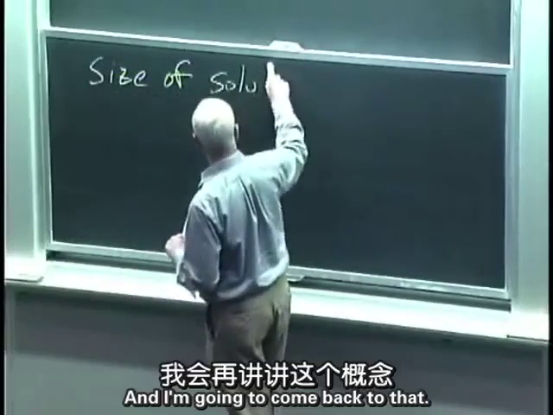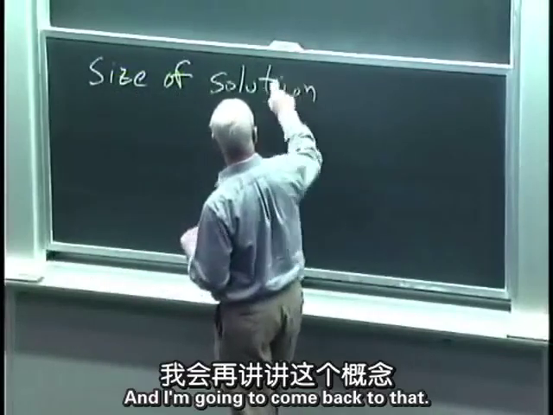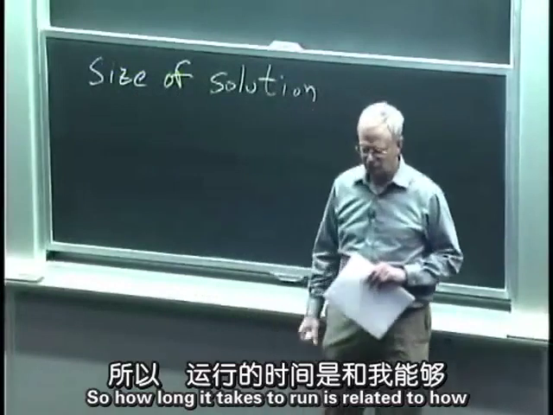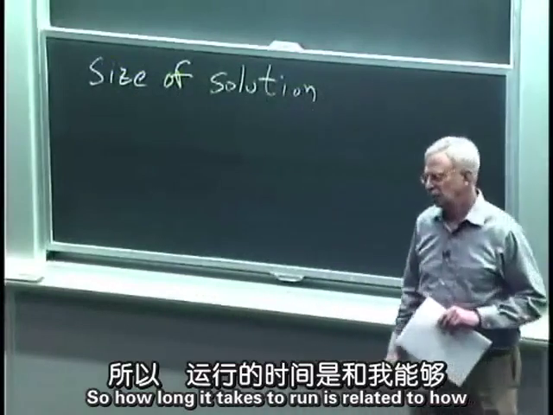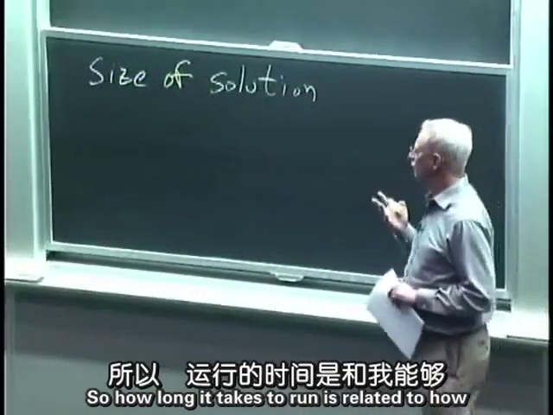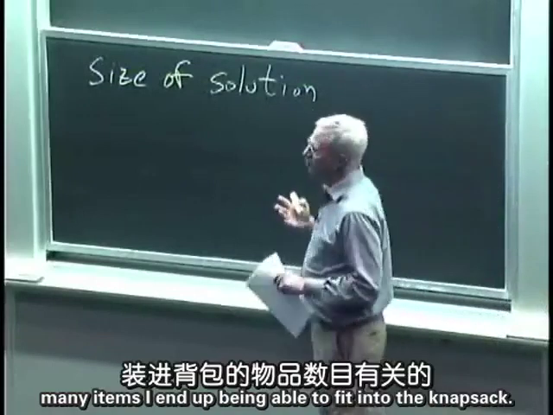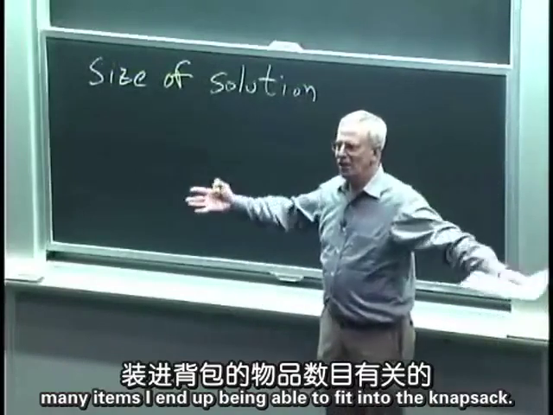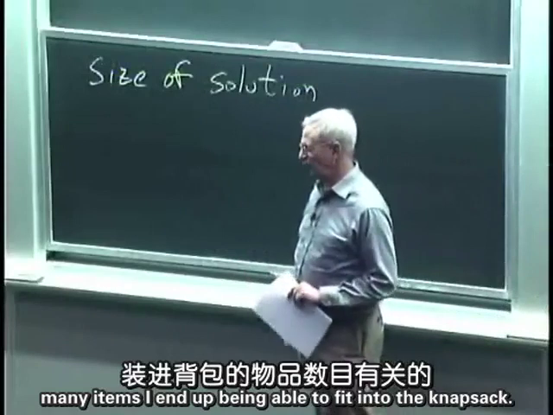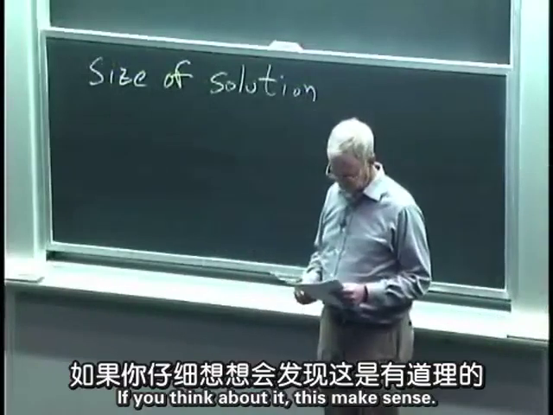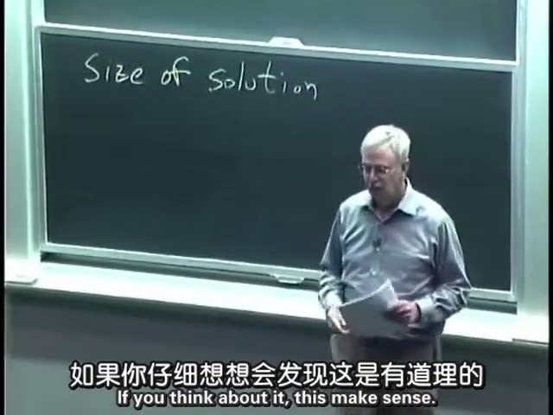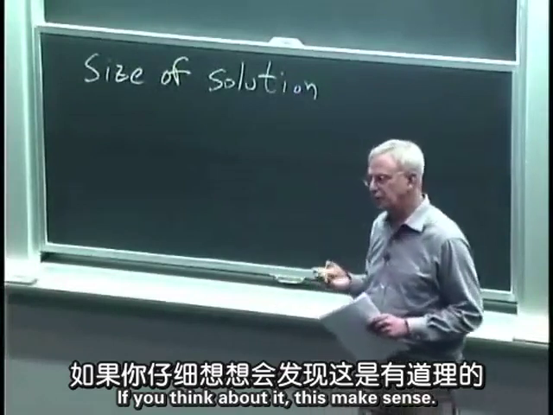And I'm going to come back to that. So how long it takes to run is related to how many items I end up being able to fit into the knapsack. If you think about it, this makes sense.